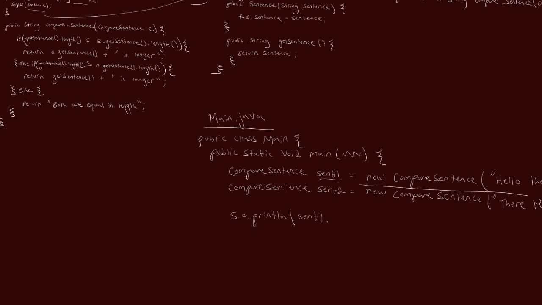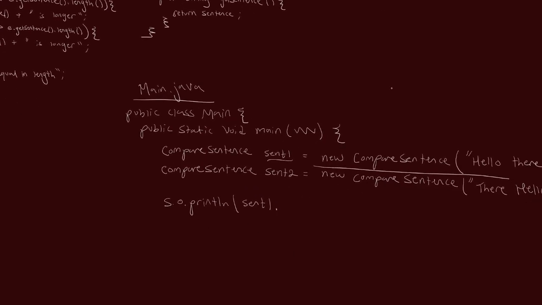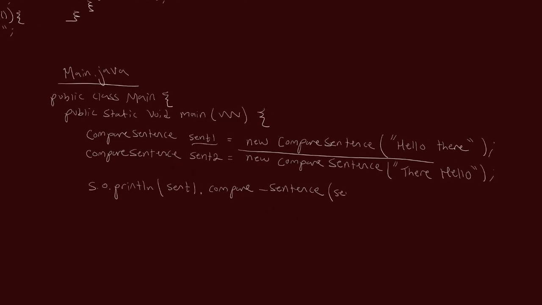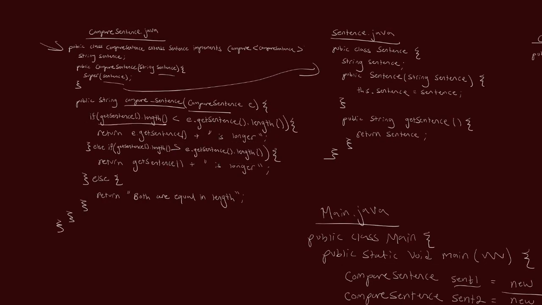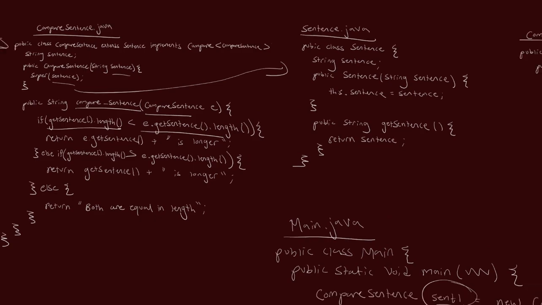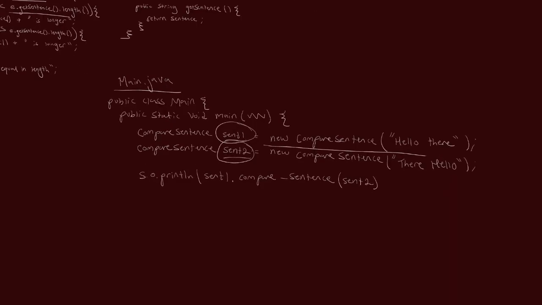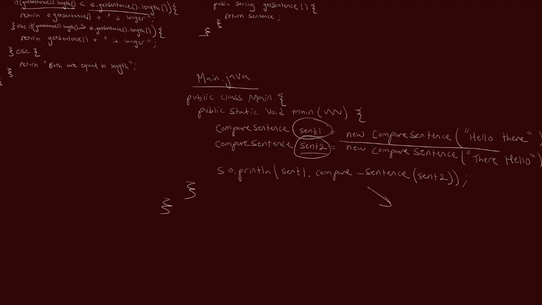Then we do dot, and we call the compare sentence method, dot compare_sentence, and in here we pass in sent2. Sent2 also belongs to the compare sentence class, and that's what we see here. This one is getting the sentence and the sentence length of sent1, and the one with the e is getting the one for sent2. And then this will print out both are equal in length.